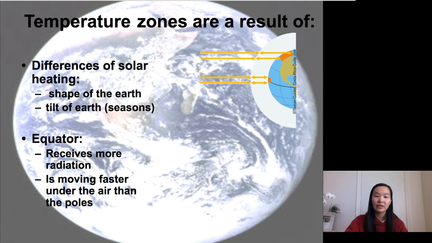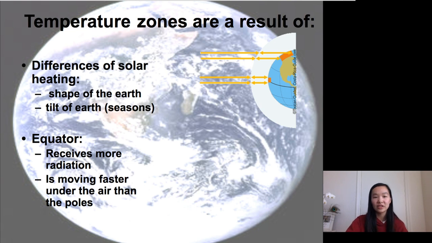Like you see these two orange squares on the Earth, the equator is not necessarily getting more sunlight. It's just that the sunlight is more concentrated at the equator, and more dispersed higher up, towards the North Pole, or towards the South Pole.